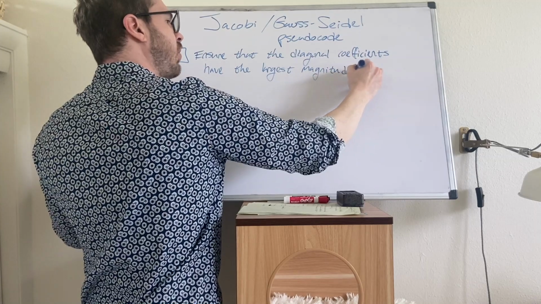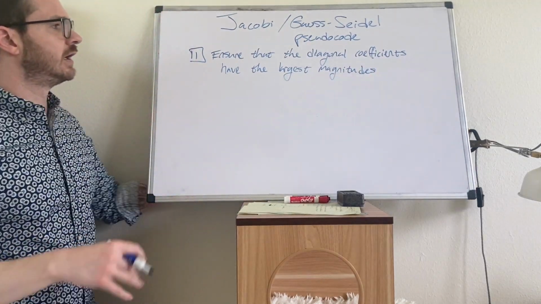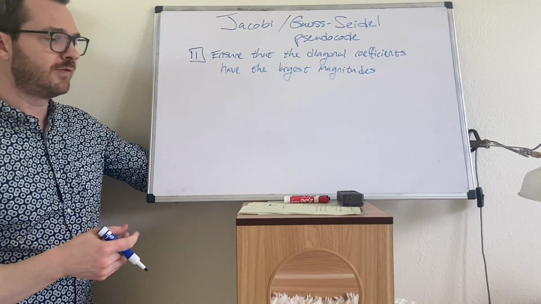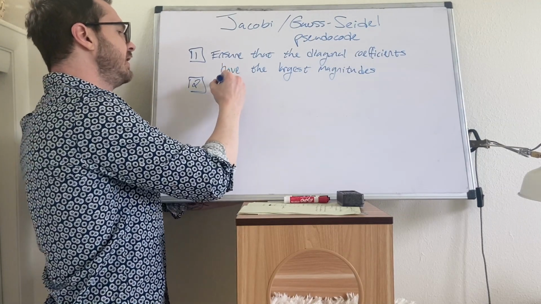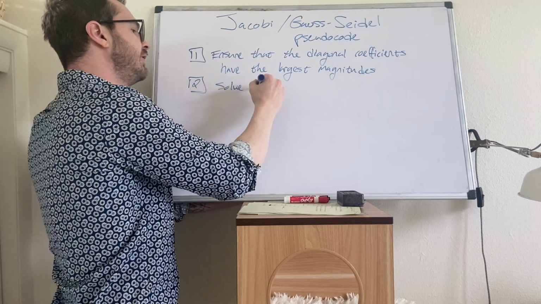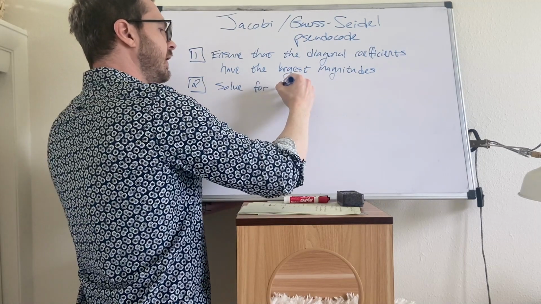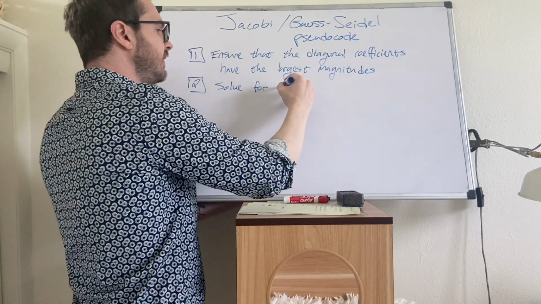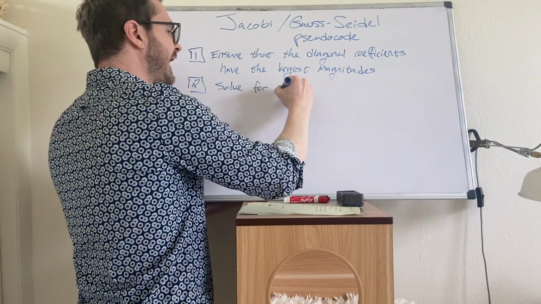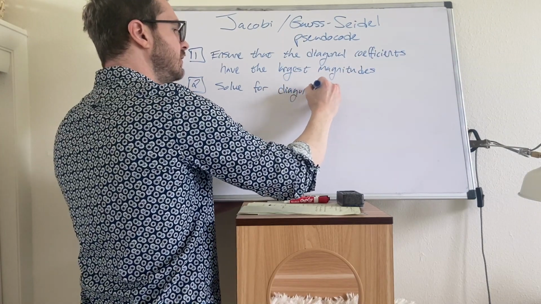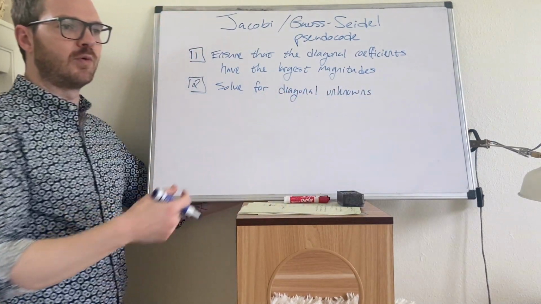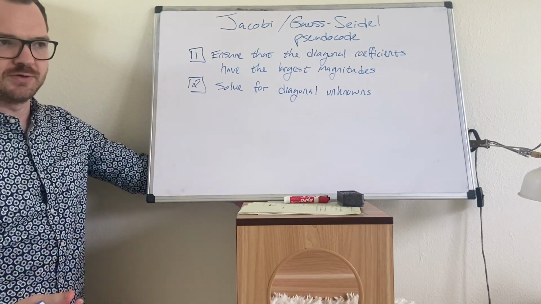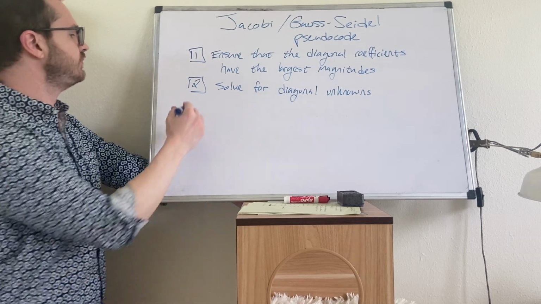Now that may require that you rearrange the equations before. Number two, take those equations and solve for the diagonal unknowns. So equation number one, you solve for x1. Equation two, you solve for x2.